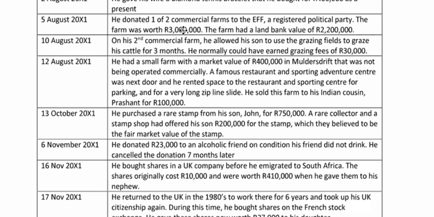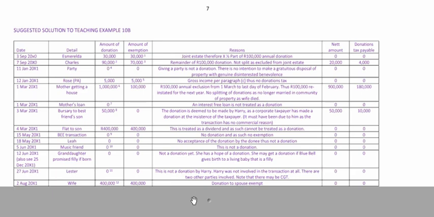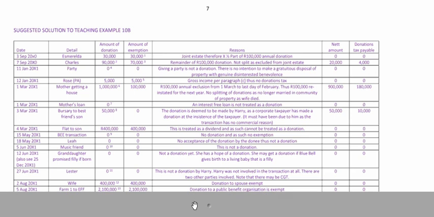So 3 million times 70% is 2.1 million. So how much is the donation? 2.1 million. The EFF is a political party. Political parties are considered to be public benefit organizations, just like UNISA or any government university would be. And it's exempt. So the 2.1, no donations tax payable.